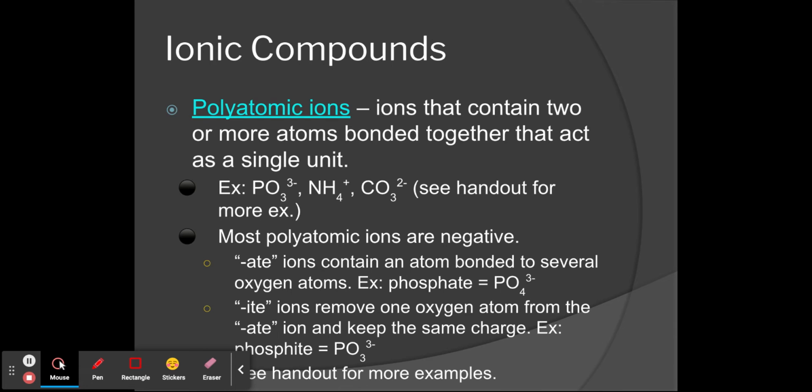So let's look back at this. PO3 3-, if you go find that on your handout, you'll see that that is the phosphite ion. If you look under symbols and charges for polyatomic ions, it is the very bottom one on the left column. So you just search through there to find the names of those.